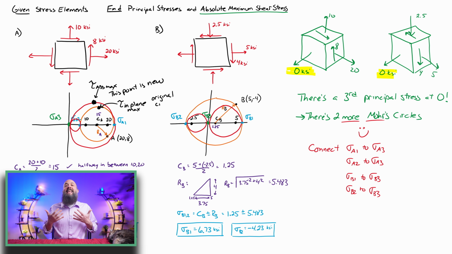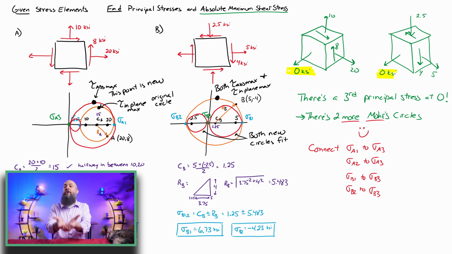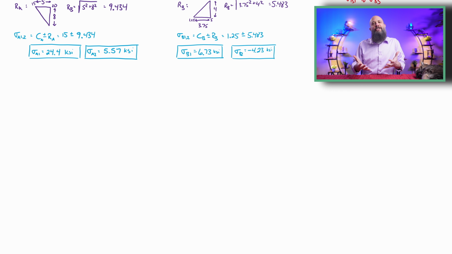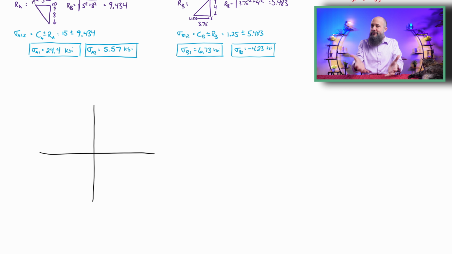The maximum in-plane shear stress is just the radius of our original circle because it's straight up or straight down from the center. But the absolute maximum shear stress is the highest point of all 3 of these circles. So if the circle you started with was the biggest one, then the in-plane shear stress max and absolute shear stress max will be the same.